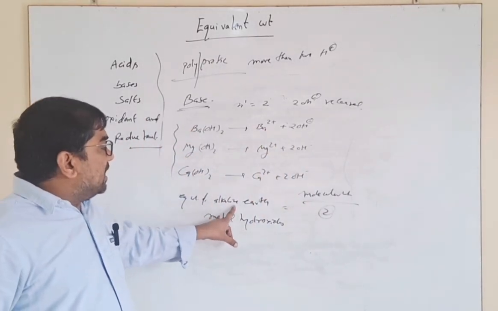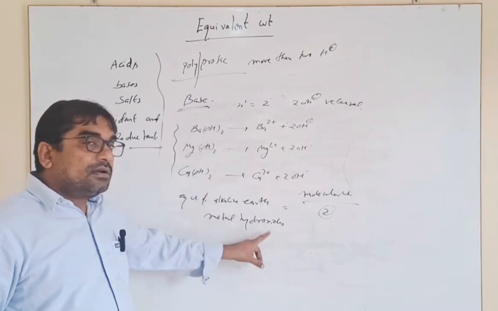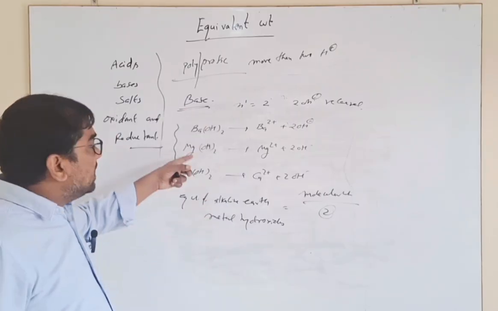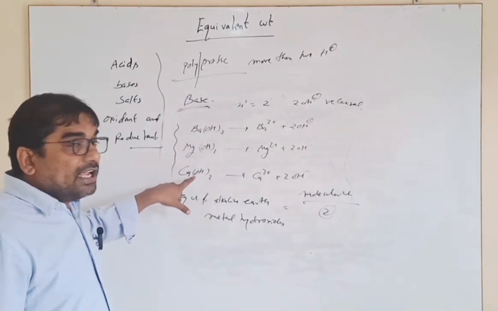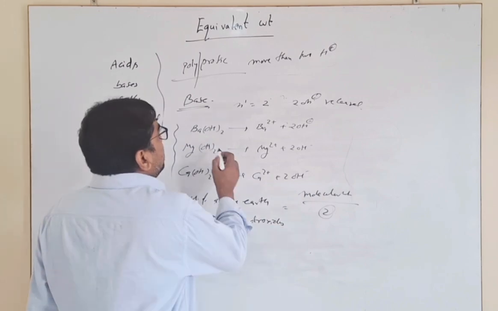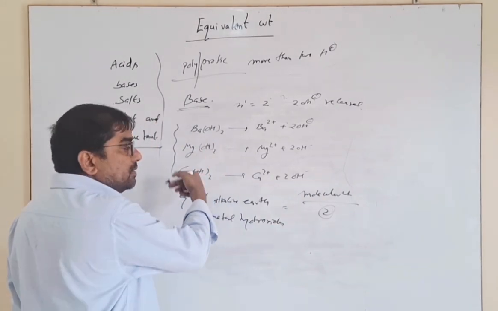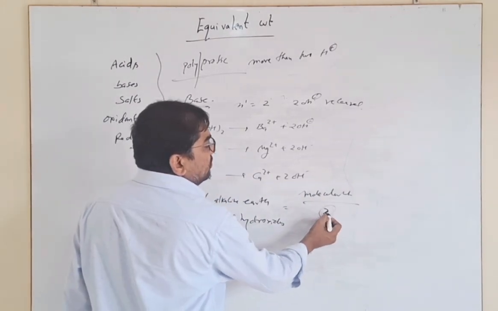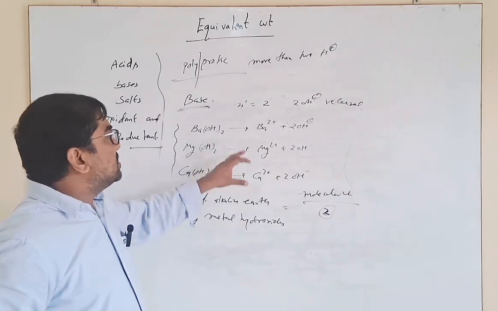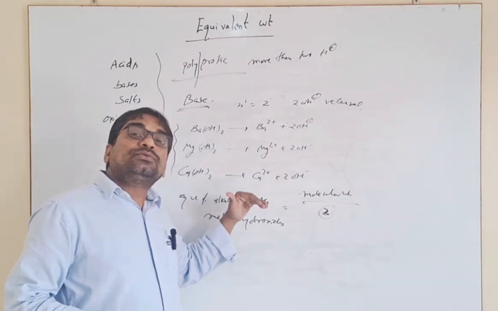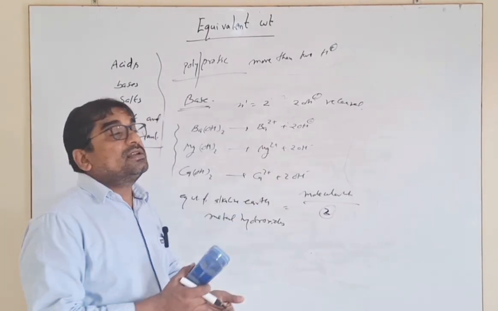Equivalent weight of alkaline earth metal hydroxides like barium hydroxide, magnesium hydroxide, calcium hydroxide will be the molecular weight of the base divided by 2, because its acidity is 2, they have the tendency to release 2OH minus in their solution.